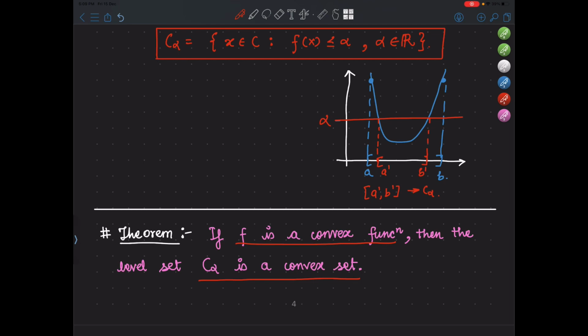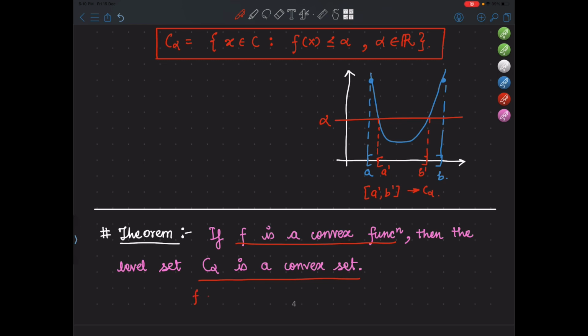Please note, this theorem does not say that if all the level sets of function f are convex, then f is a convex function. It does not say that. It's a single implication.